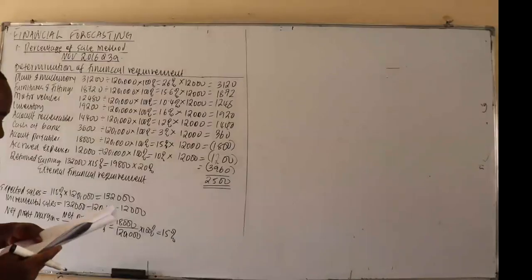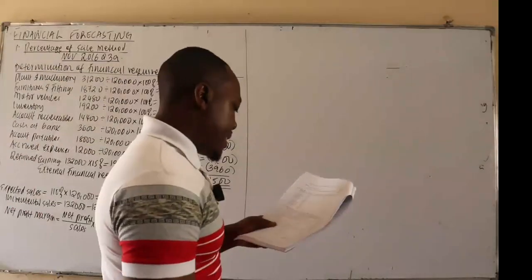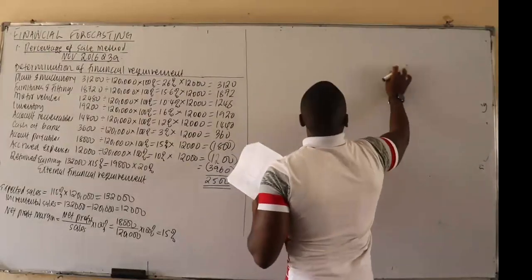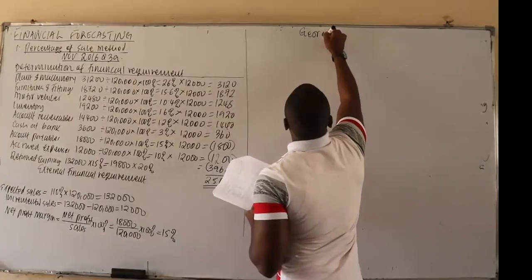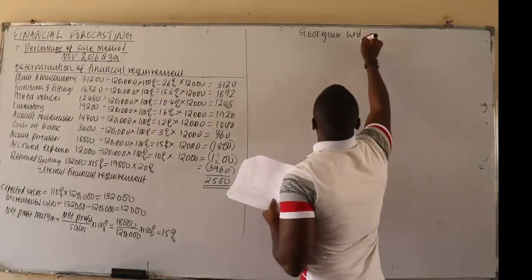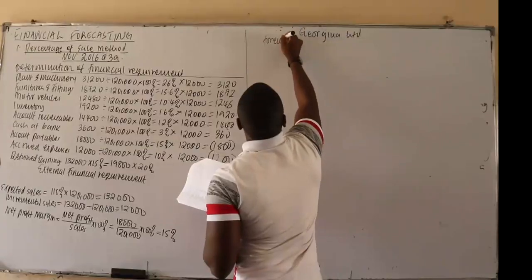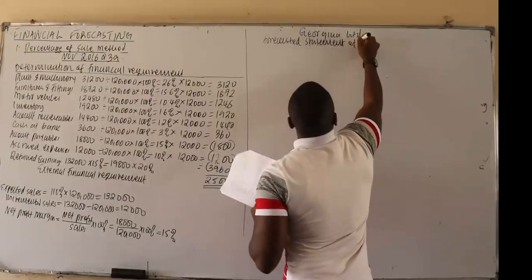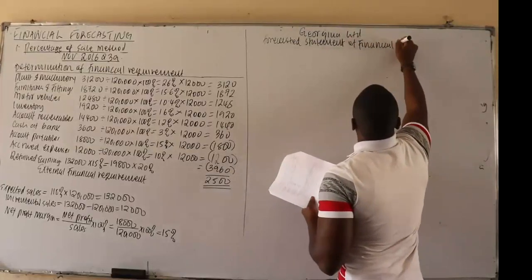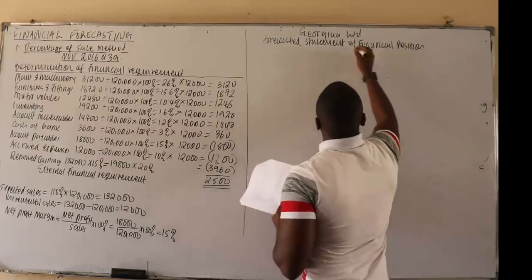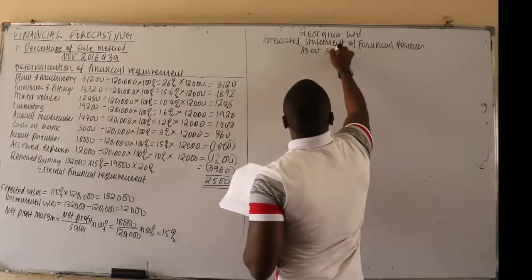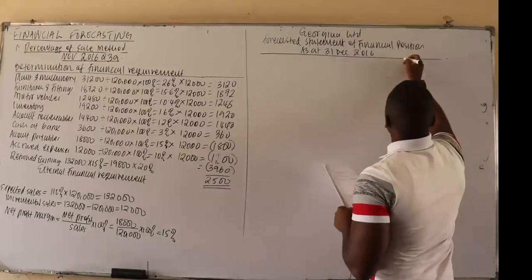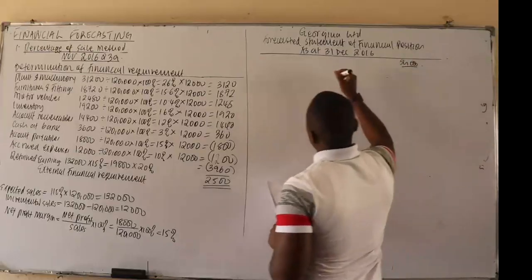Then number 2, a forecast statement of financial position as at 31st of December 2016. So shillings are in thousands.